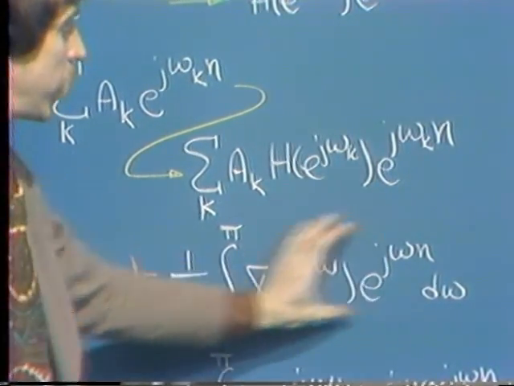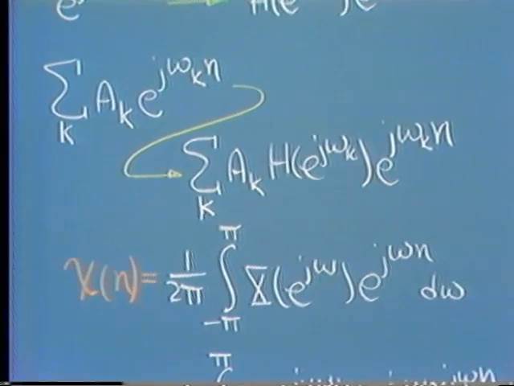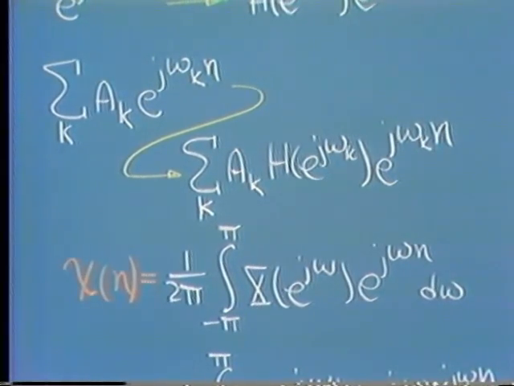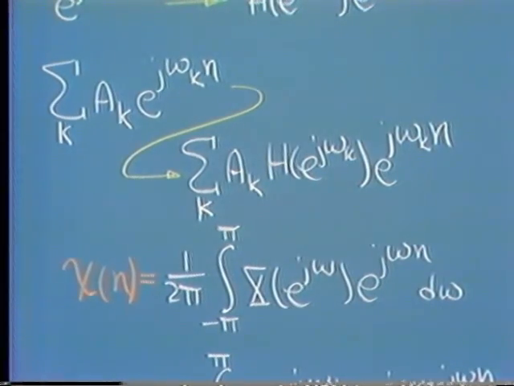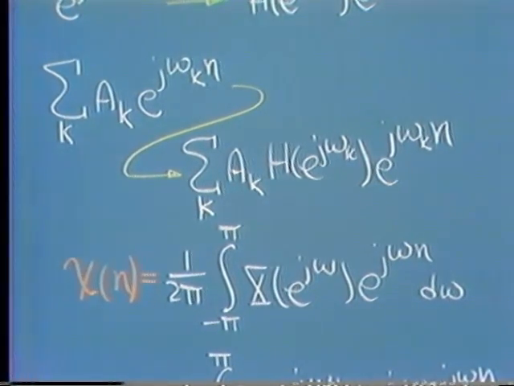This is a linear combination of complex exponentials at the input, so what's the output? Well, the output is then going to be a linear combination of complex exponentials with the amplitude of each one of the input exponentials multiplied by the frequency response of the system at that frequency.